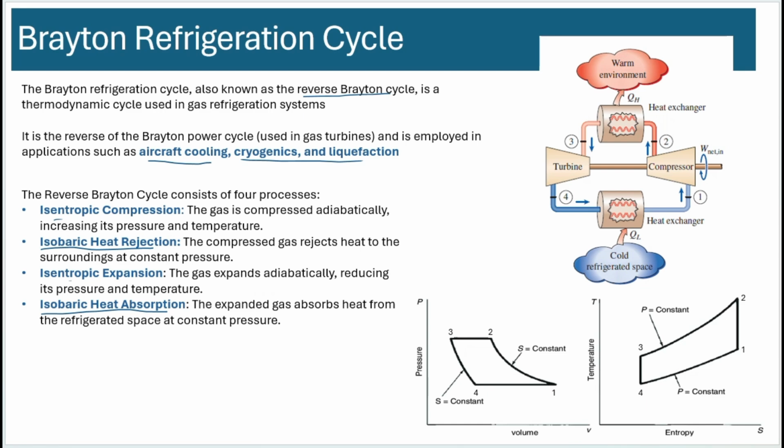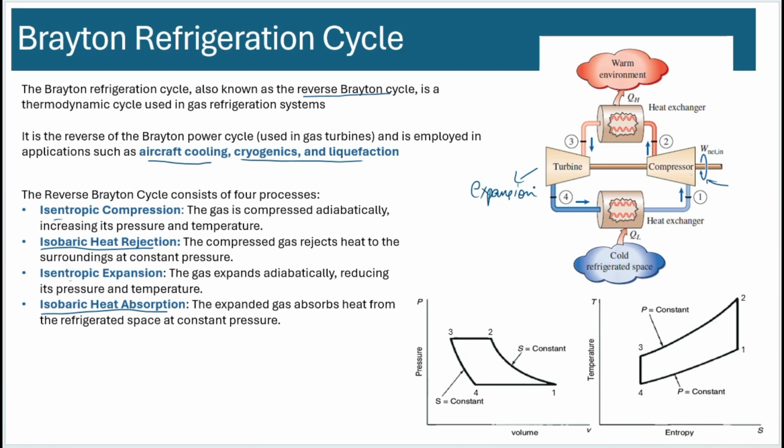So how does the isentropic expansion and compression happen? There are turbines for expansion, and there are compressors for compression. You have seen that isenthalpic expansion happens during the Joule-Thomson expansion.